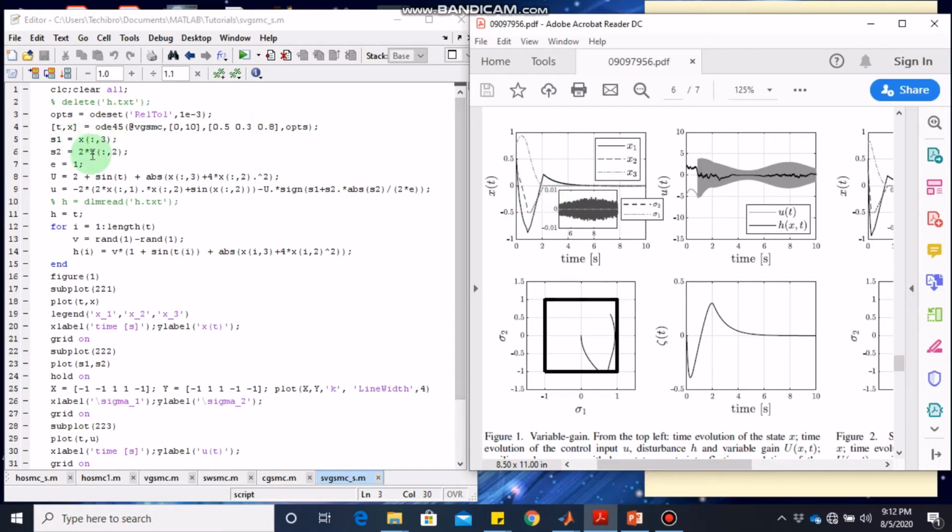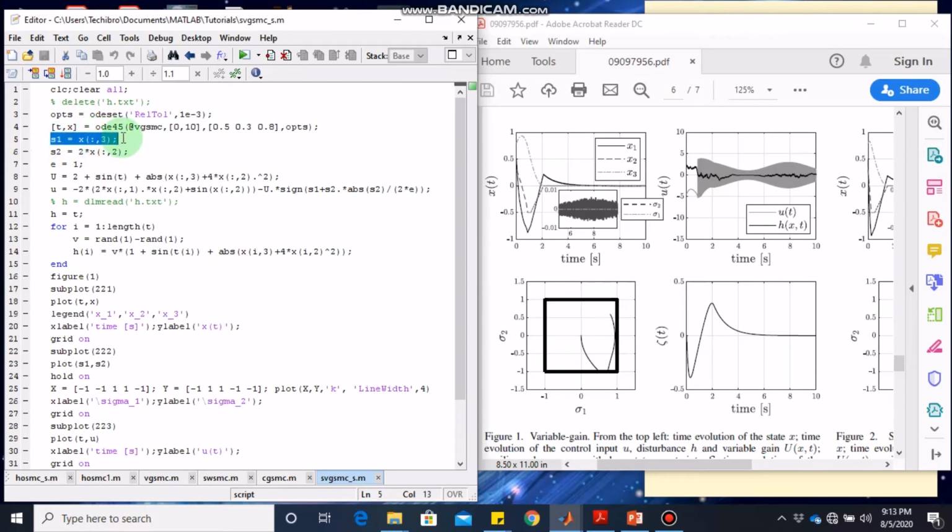Once you run this command, you will have the state values and the time values. But in order to generate these other graphs, you need to write more code. For example, once you have all the state values from solving the ODE 45, once you have the trajectory, then you can use this trajectory to recreate the sliding surface.